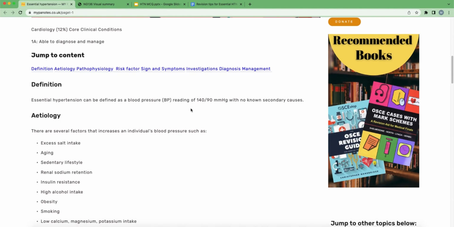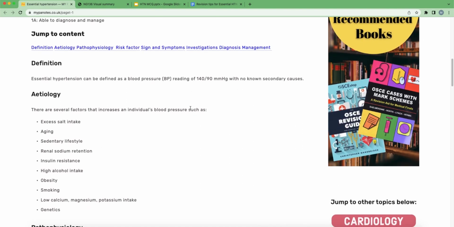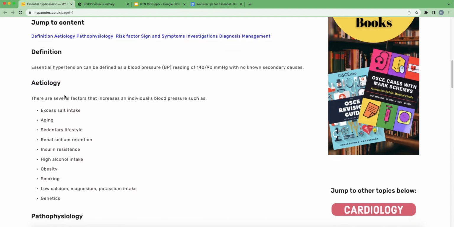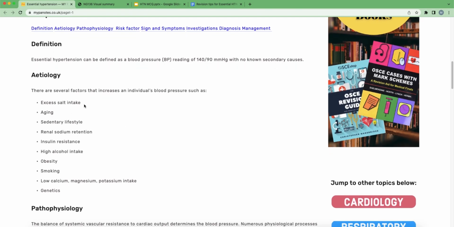Now it's important to understand the etiology, which is a fancy word for causes. There are several factors involved in the etiology. Obviously, it's high salt intake. This is mainly true in highly processed foods. So if a patient has a poor diet, most likely they will have excess salt intake.